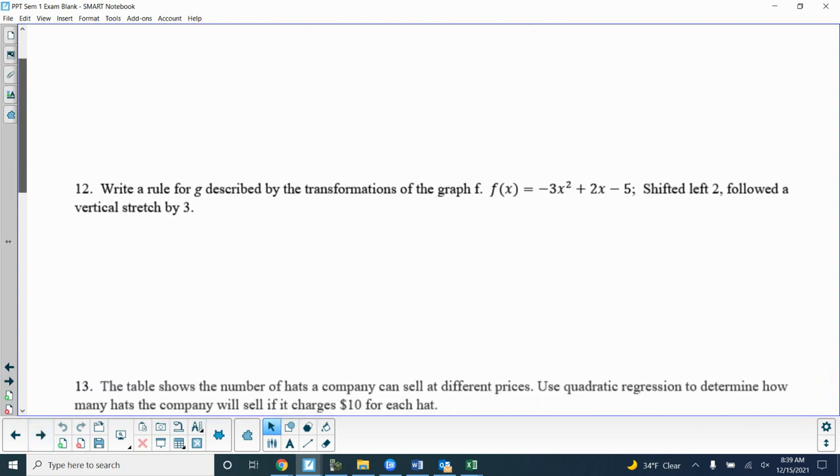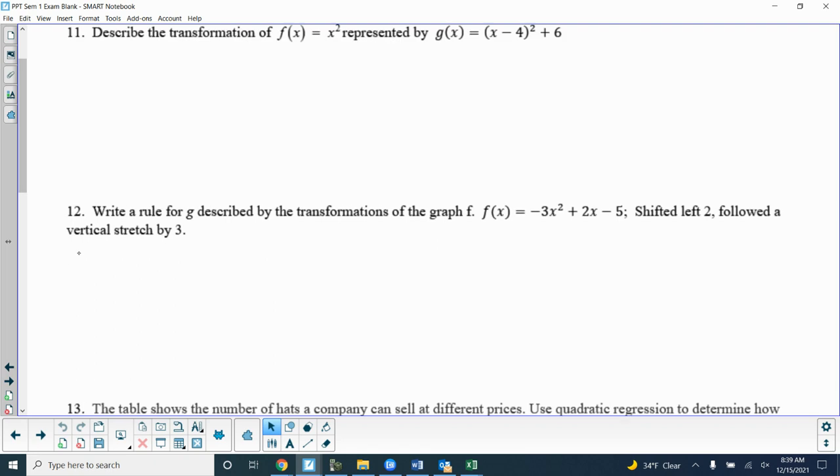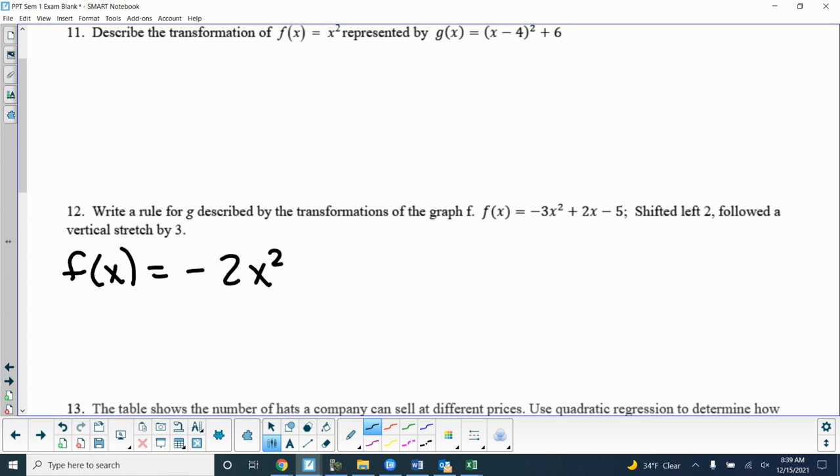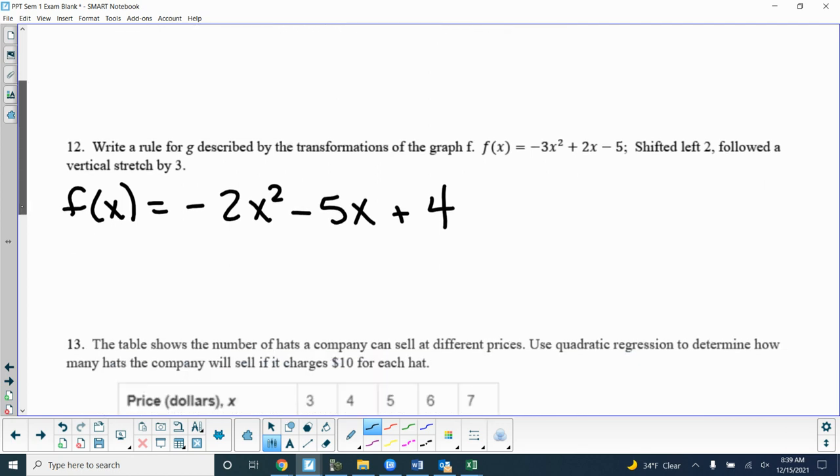So let's say f of x is negative 2x squared minus 5x plus 4. All right. So there's our function.